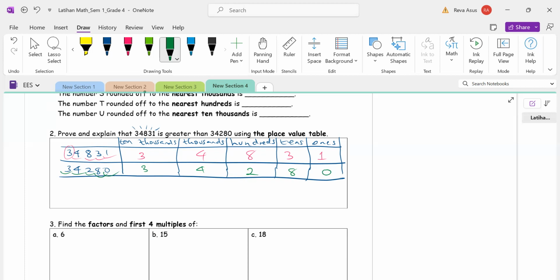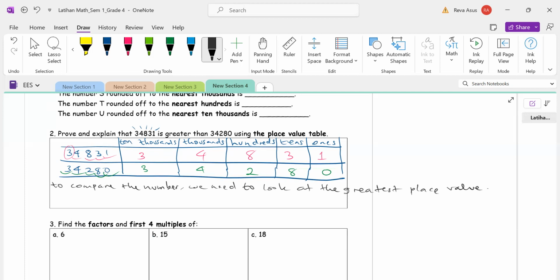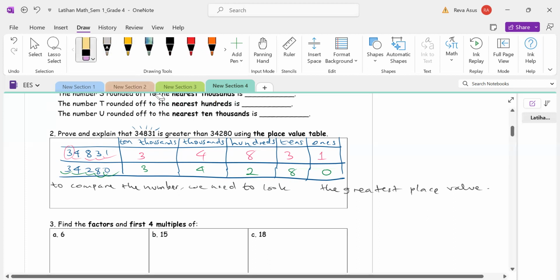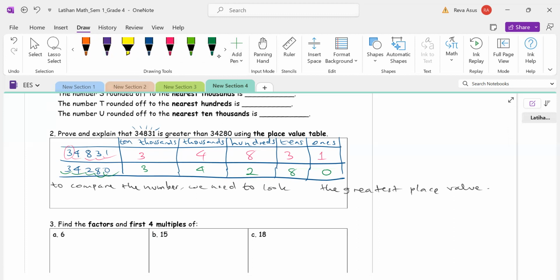Remember, to compare the numbers, we need to look at the greatest place value.